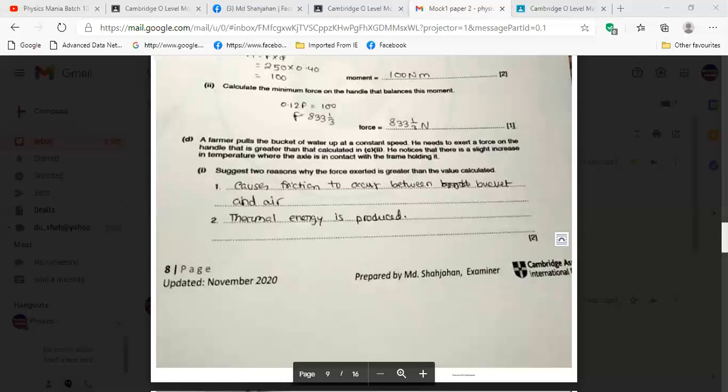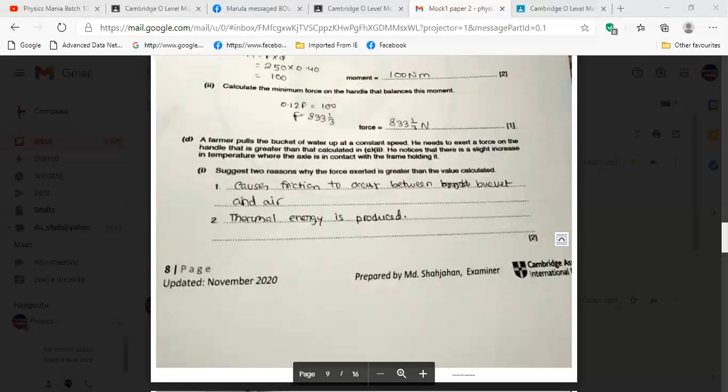Sir, like the force is greater because of the weight of the rope. Because weight of the rope we are not considering here, right? Oh, yes, so it's also like we'll need more. Yes, yeah. Weight of the rope.